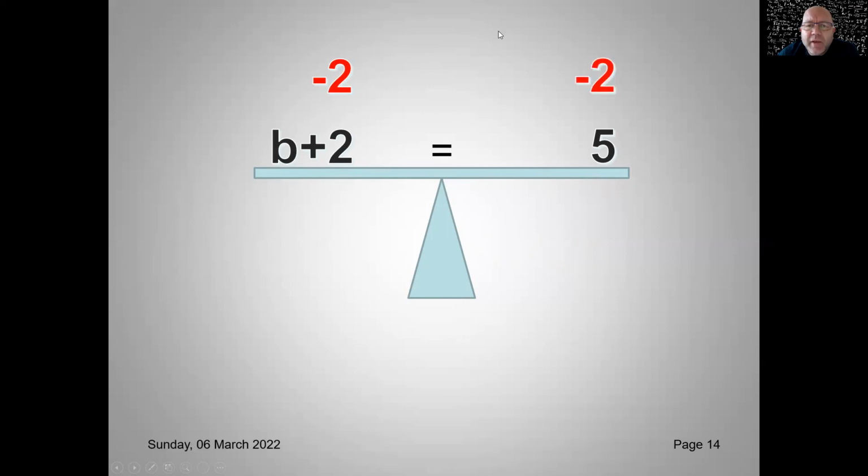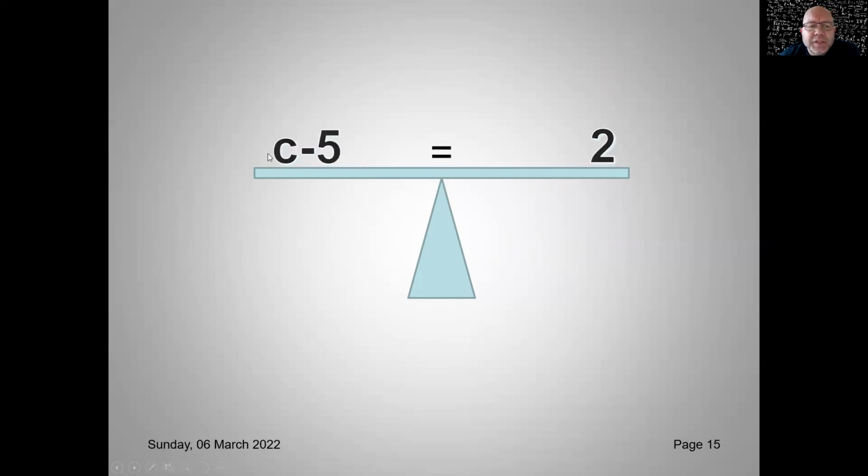So we're going to take 2 away from both sides of the equation. If we take 2 away from this side, we're going to be left with b on its own, which is what we want. But we need to take 2 away from this side as well, which leaves us with 3. So b equals 3. And because we did the same thing to both sides, we've kept our equation balanced.